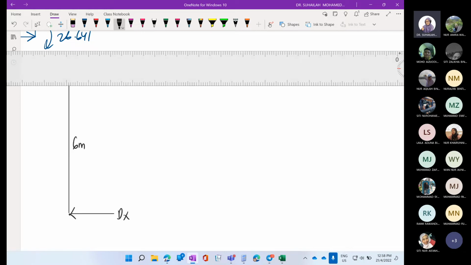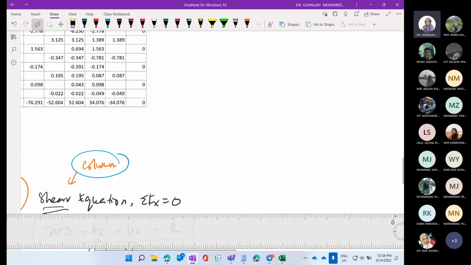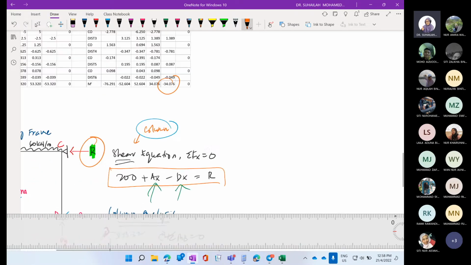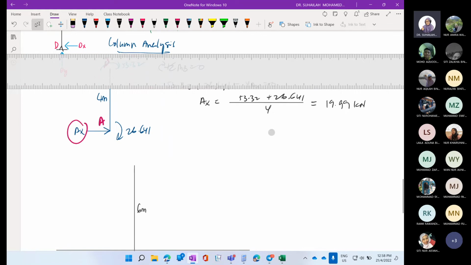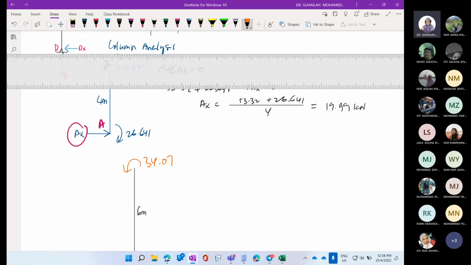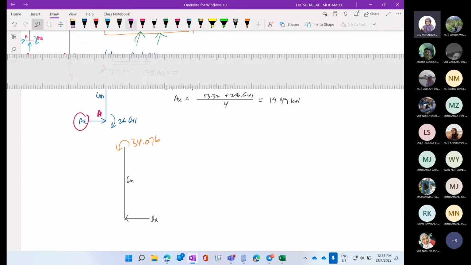And the moment at C here is negative 34.076. We have to apply it in the negative direction. So if this is D, this is C.